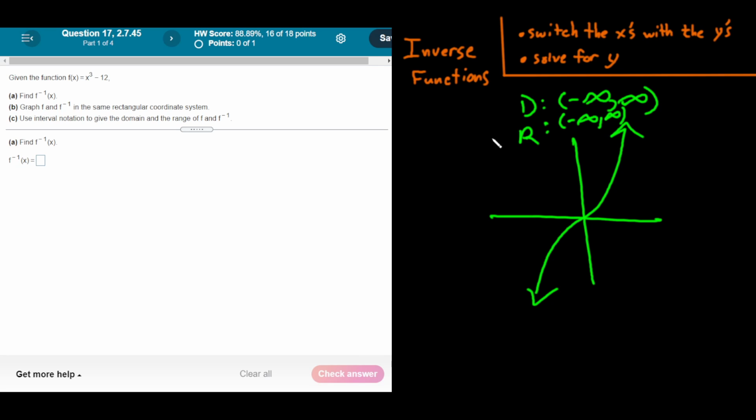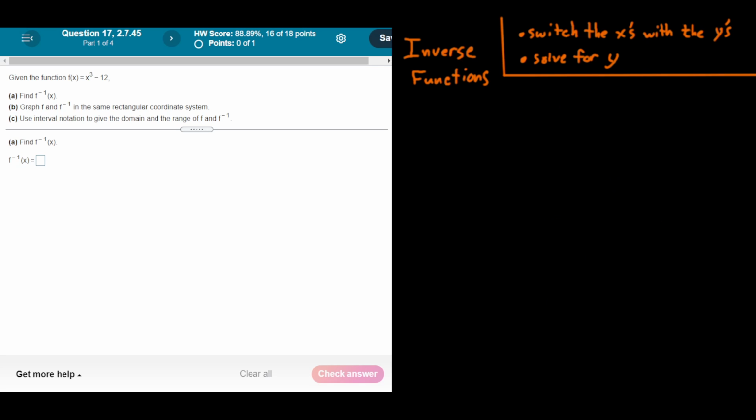So let's go ahead and see if we can find the inverse, which we will. Okay, so I'm just going to go ahead and write y is equal to x cubed minus 12. So let's switch the x's and the y's. You get x is equal to y cubed minus 12. Let's add the 12 to both sides. x plus 12 is equal to y cubed.